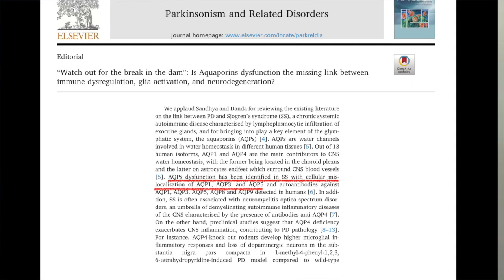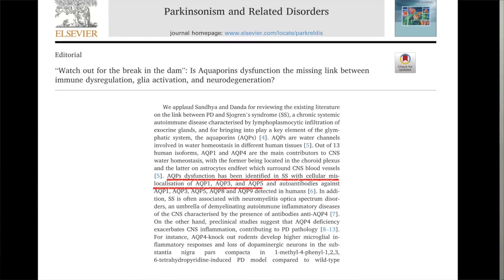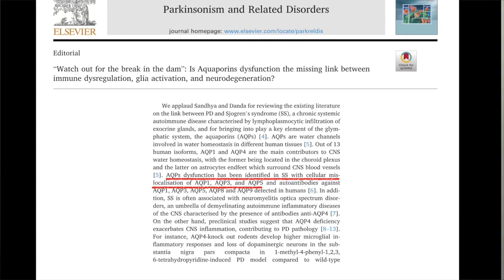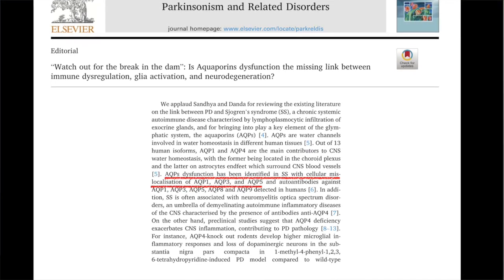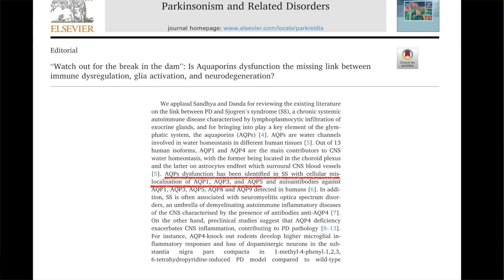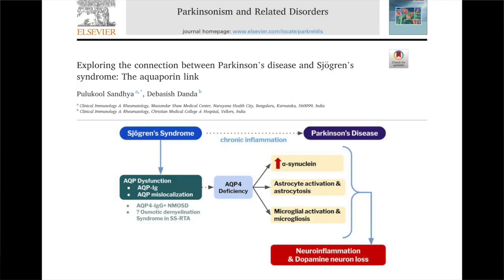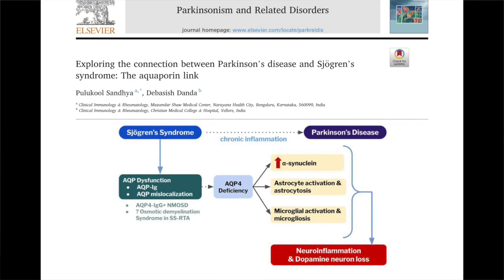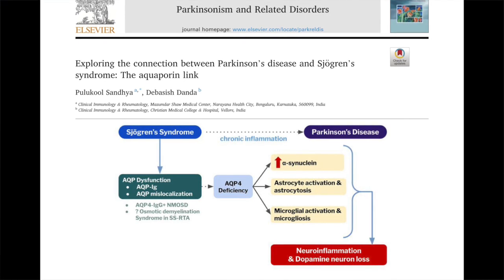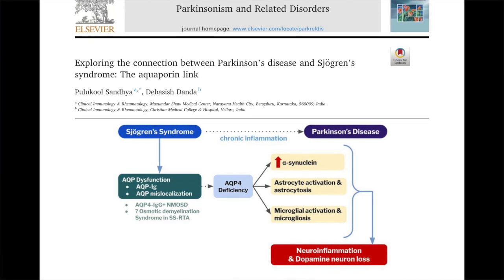And also we have autoantibodies against these isoforms of aquaporins. So essentially, we read with interest the review by Sandhi and Danda, which has put together Parkinson's disease and Sjogren's syndrome, suggesting a possible connection between the two.